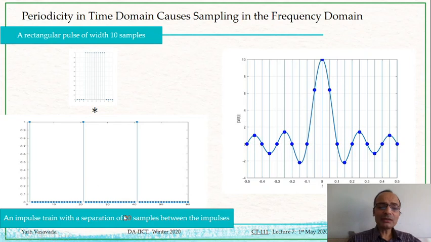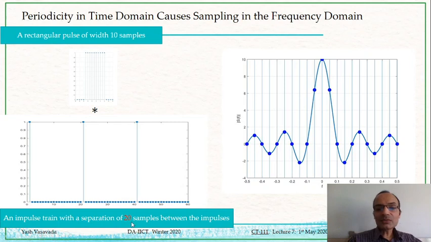What would have happened if we had made this not 20 but 200 instead? Then there will be a lot many more zeros. Actually, there will be only 10 samples of this rectangular pulse, and then there will be 190 samples which will be zeros in between two rectangular pulses. 95 on this side, 95 on the other side, and then 10 samples of this rectangular pulse. So we would have packed so many zeros in the time domain in the periodic version of this rectangular pulse.